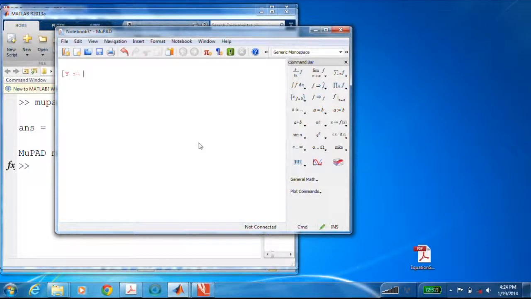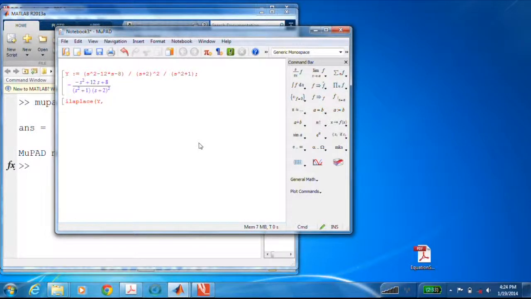So let me define y. I'll do the last example first. In the numerator we had s squared minus 12 times s minus 8, and in the denominator we had s plus 2 quantity squared, and we also had an s squared plus 1. That looks about right. Now we can go ahead and take the inverse Laplace transform with the ilaplace command.